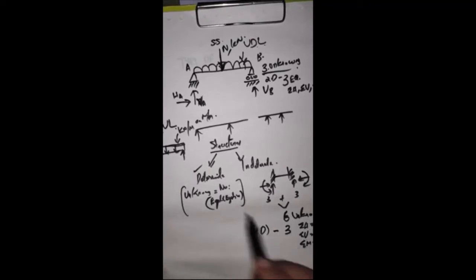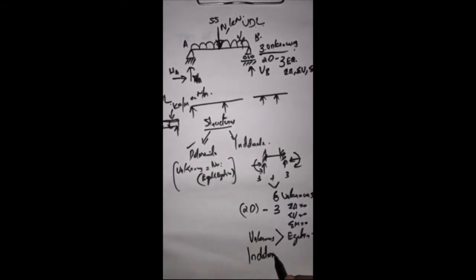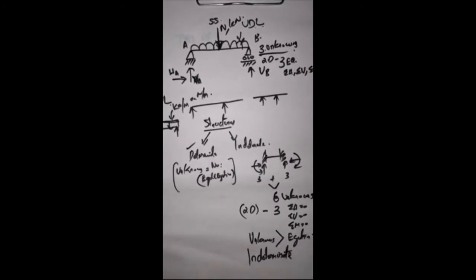So a structure where the number of unknowns, that is the reactions, is greater than the available equilibrium equations is known as an indeterminate structure.